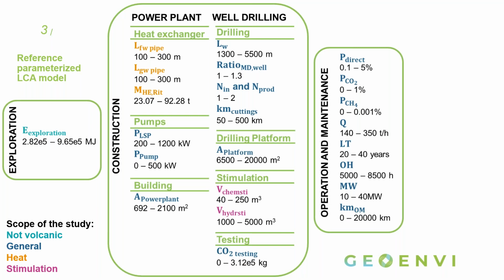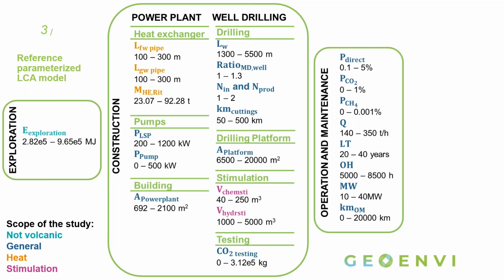direct emissions. We also took into account the flow rate, the lifetime, and the operating hours to estimate how much scaling inhibitor, how much corrosion inhibitor, how much salt, or also how much water is used for blasting during the operation and maintenance phase.